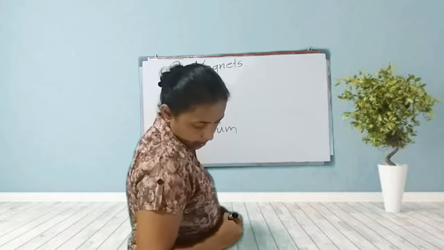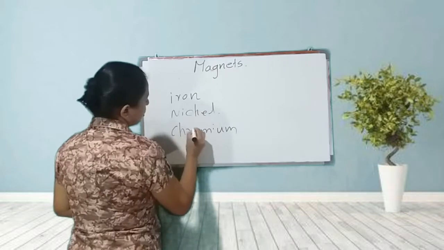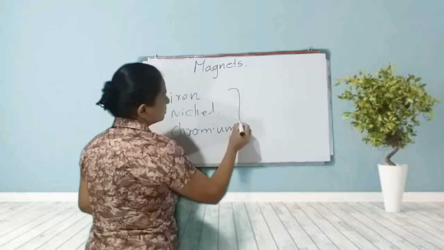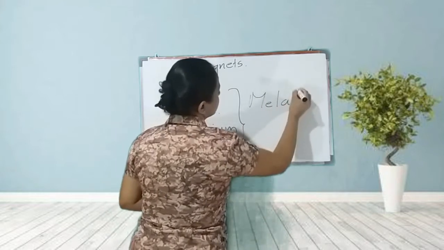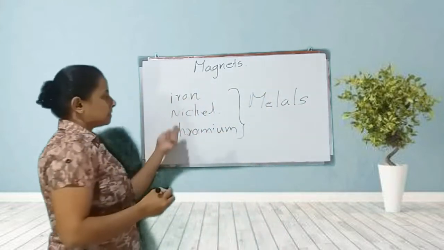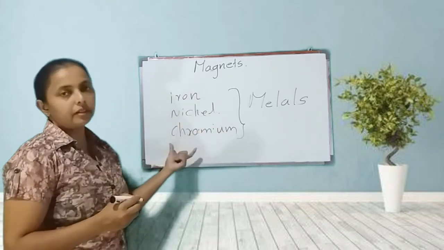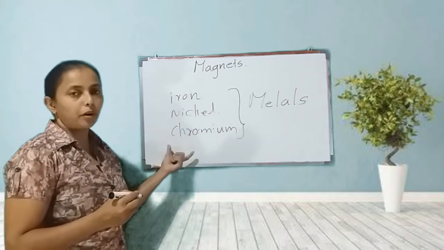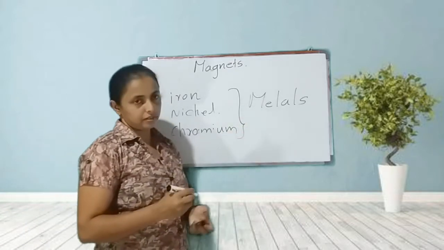Iron, nickel and chromium are the metals. These are metal things with magnetic properties.